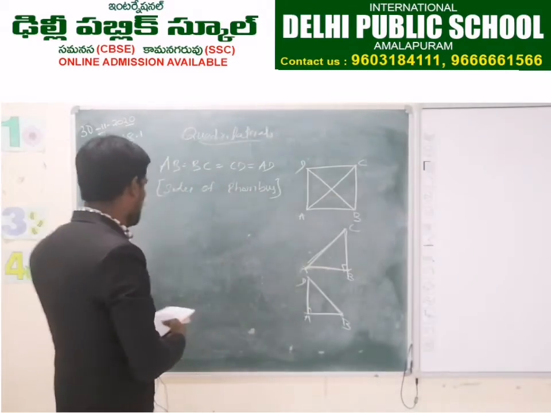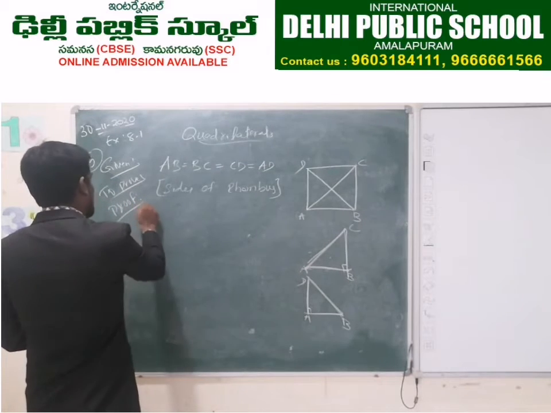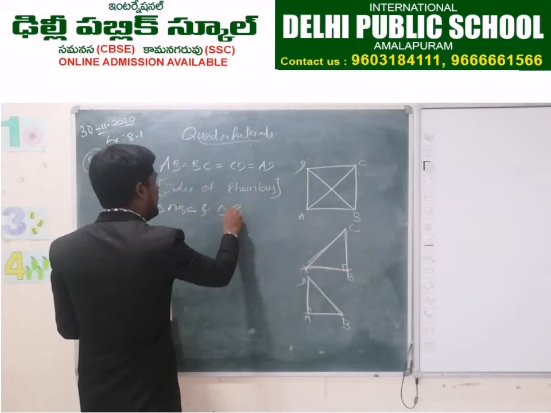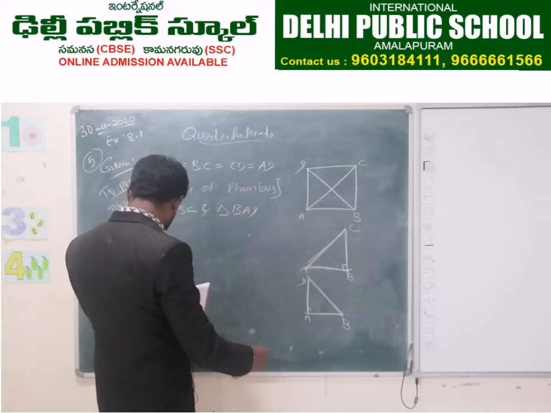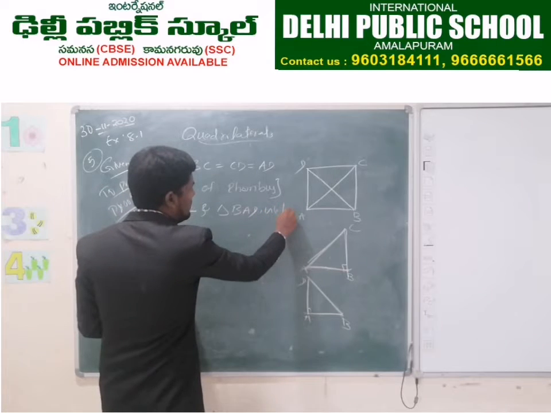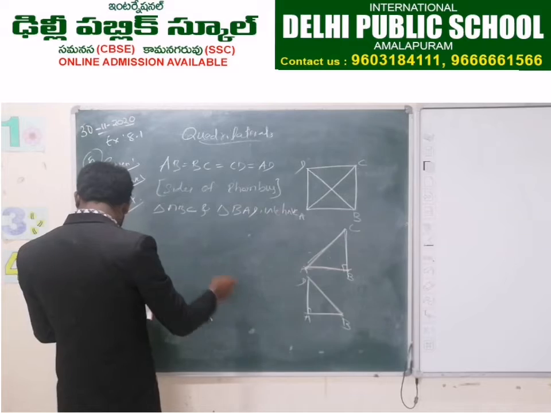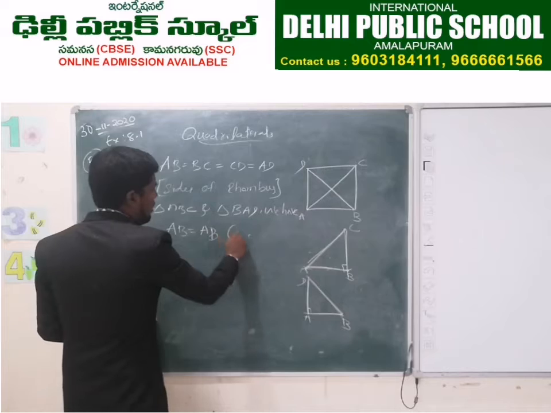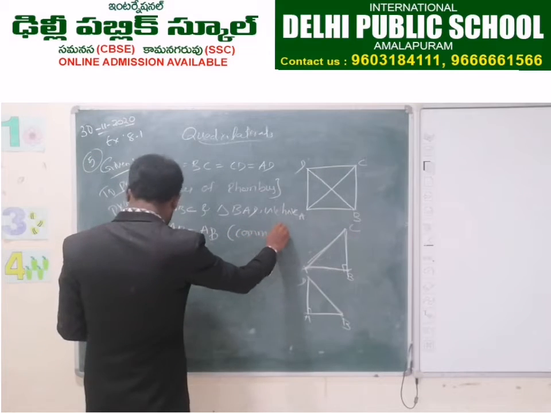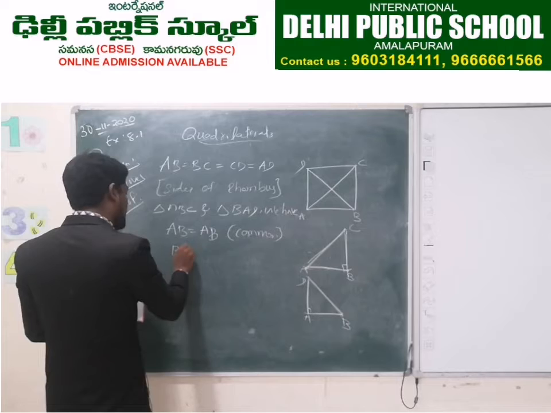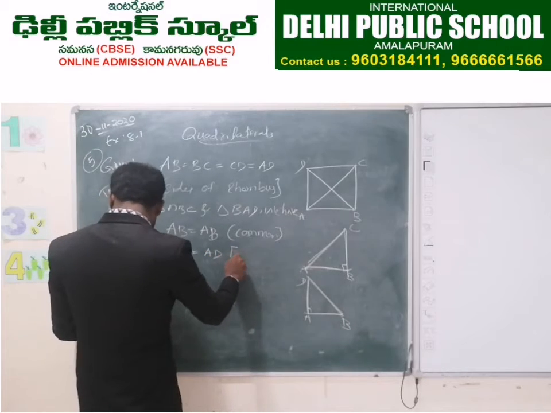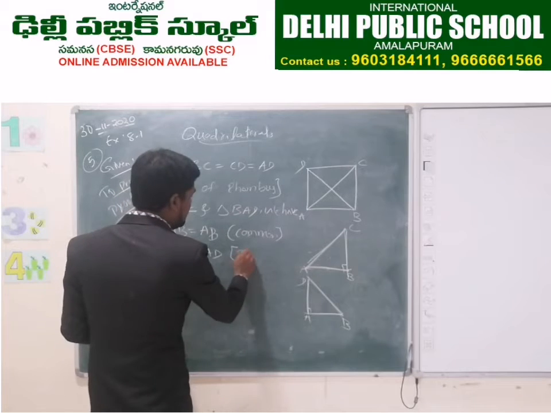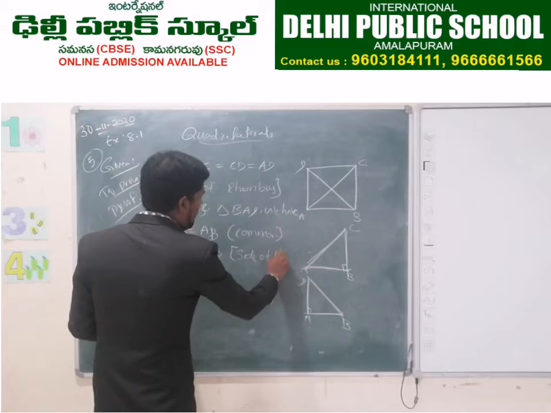Okay, write down. In triangle ABC and triangle BAD, we have, what are the things we are having? AB is equal to AB, it's common. BC is equal to AD, that is the sides of a rhombus.